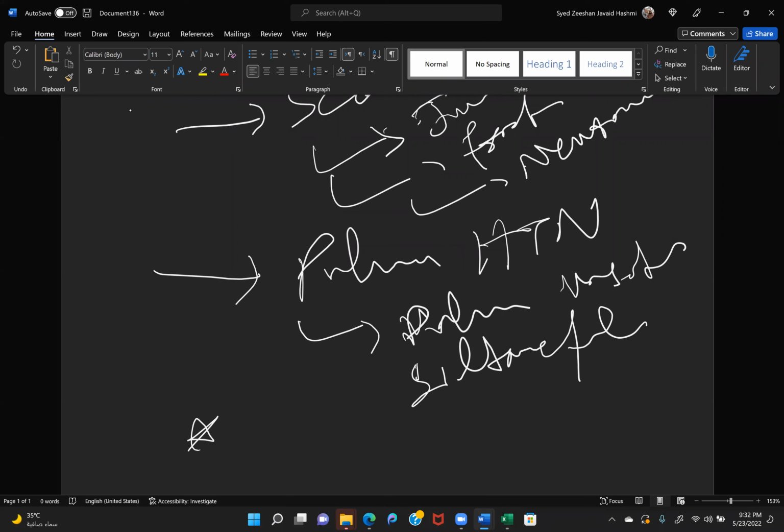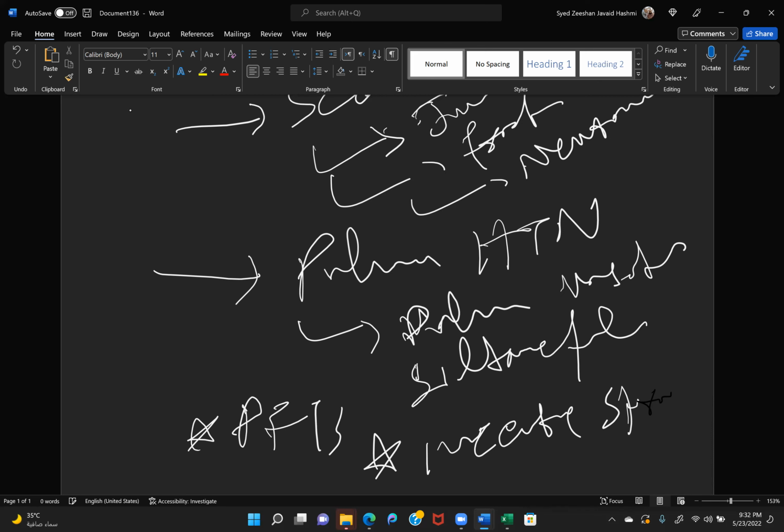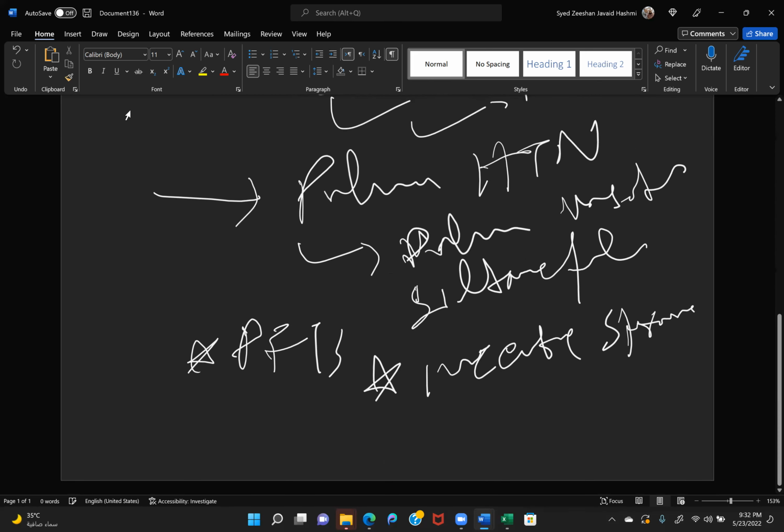Preoperatively, if the patient comes, then definitely we have to do the PFTs. Of course. You can do some incentive spirometry, and balloon inflation, which is the same as incentive spirometry.